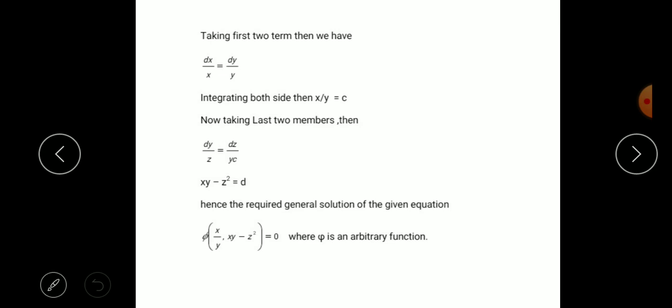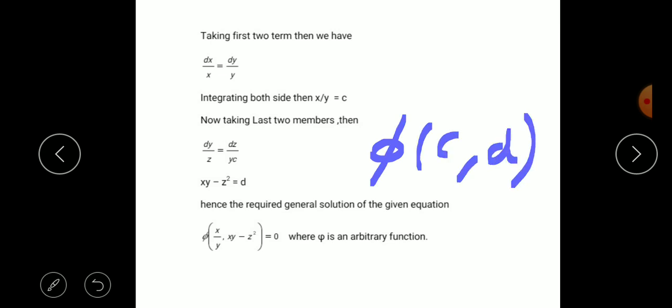General solution means phi of c comma d. Or in place of c you put x upon y, in place of d you put x y minus z square. Okay.